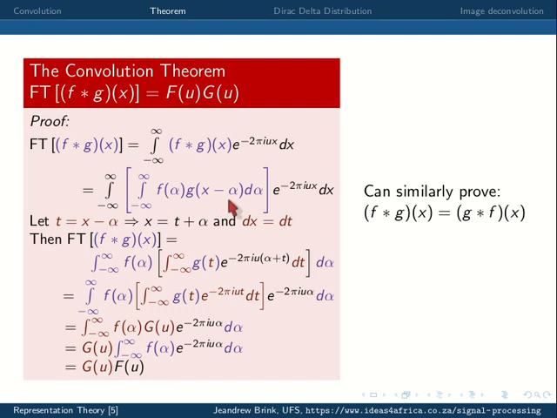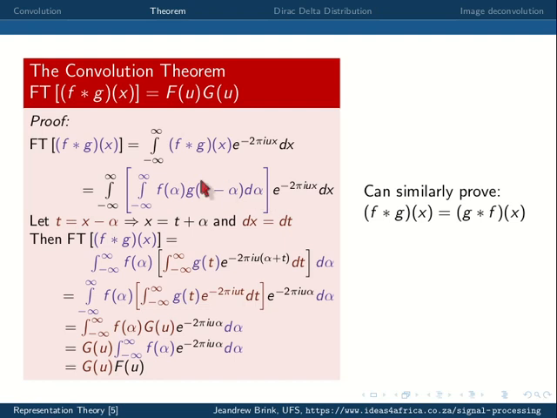You would do exactly the same trick. You would simply write down this definition of convolution, then you would go about changing your variables, except you're not going to set t equal to x minus alpha and then view t as a replacement of x. You're going to set t equal to x minus alpha and then view t as a replacement of alpha.